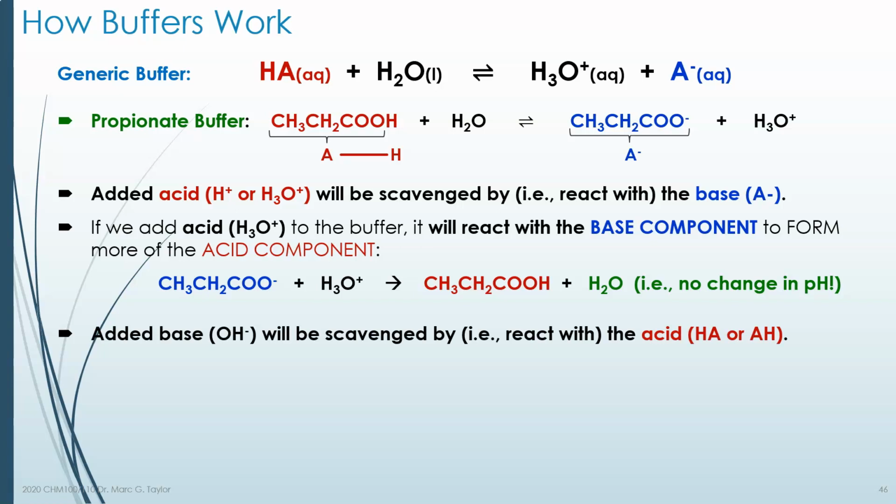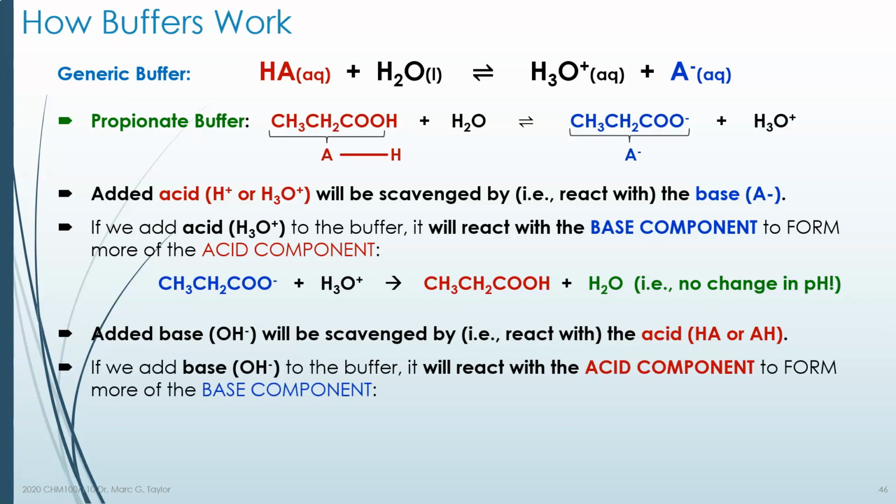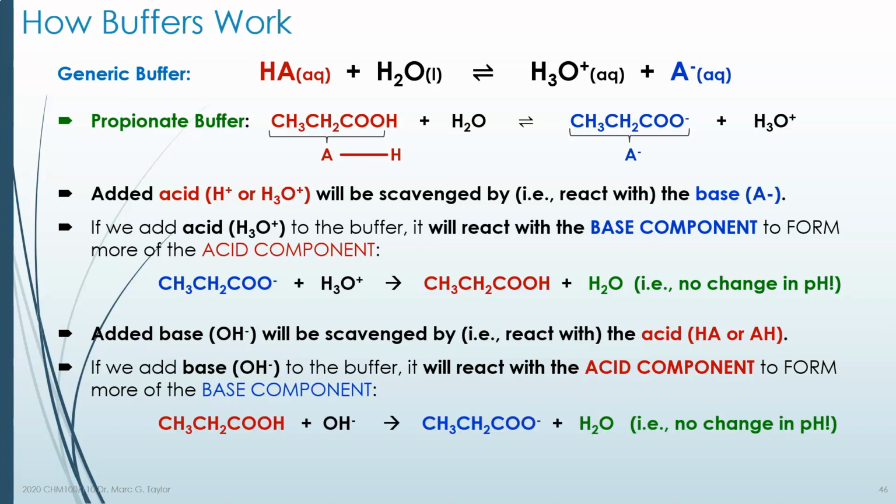And if we look at the other case, if we add strong base like hydroxide, that's going to be scavenged by the acid component, which we write as HA generically, sometimes AH generically, but we have a real one. It's propionic acid, so hydroxide will react with the acid component to form more of the base component.